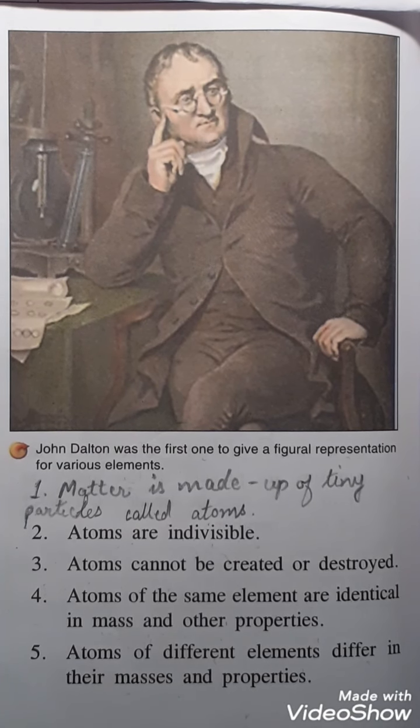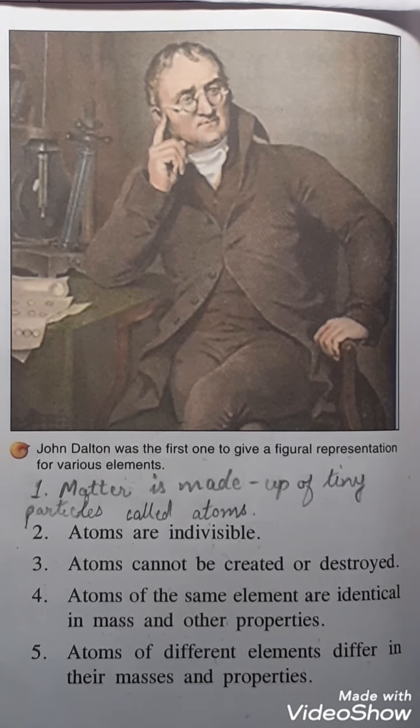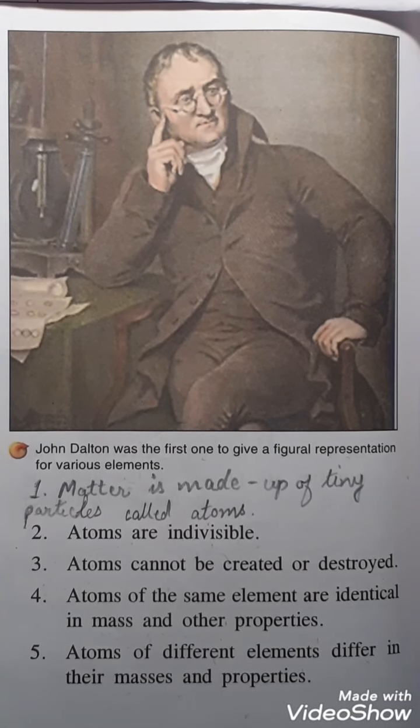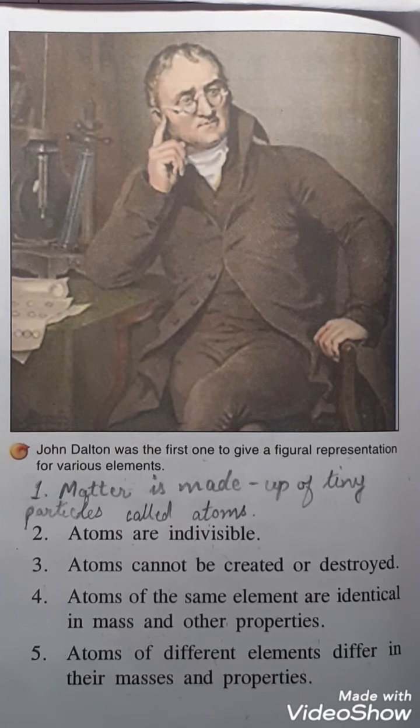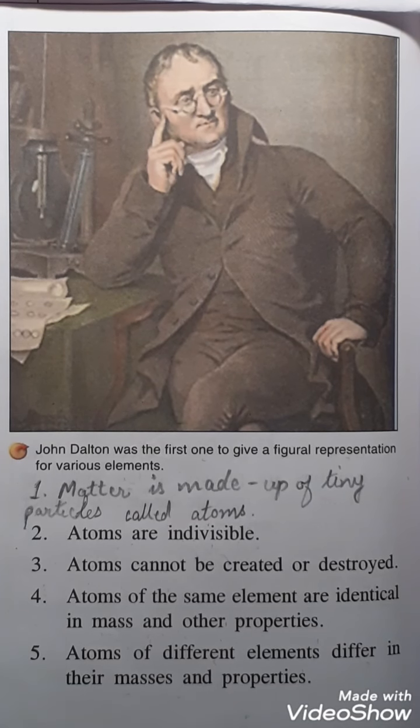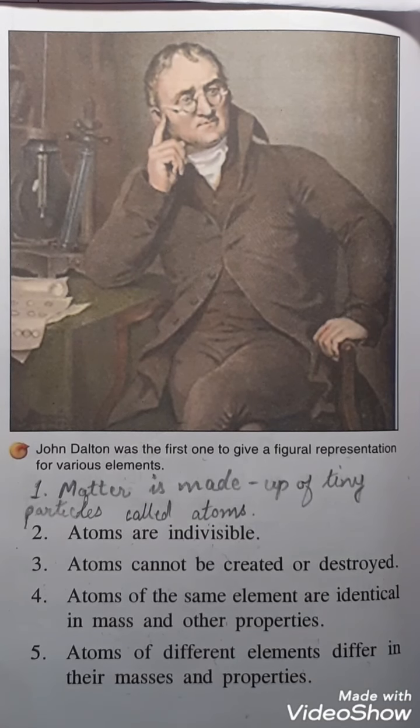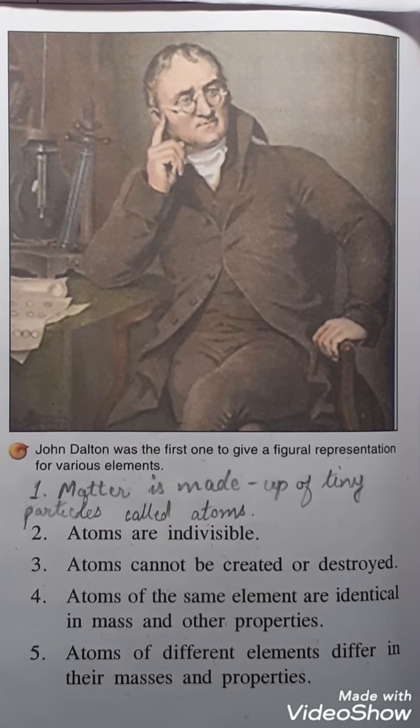Fourth point, atoms of the same element are identical in mass and other properties also. So, a particular element will have its own type of atoms which will be the same in other properties as well as in mass. For example, nitrogen gas will have only nitrogen atoms. Oxygen gas will have only oxygen atoms. So same atoms.